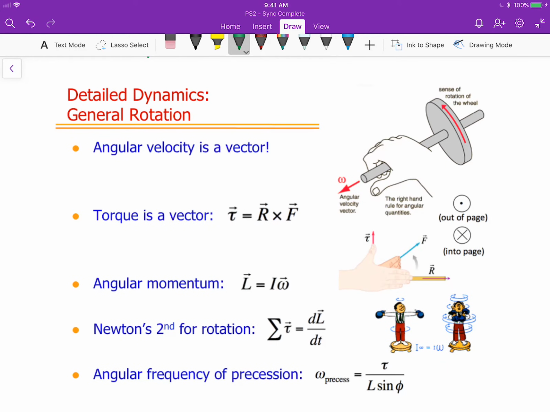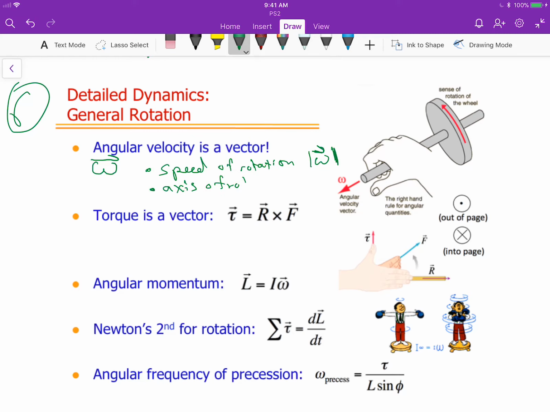Okay, and then one more, 6 here, is detailed dynamics of general rotation. Here what we did was take our angular velocity, which we called omega, and make it into a vector, right? What that allowed us to do was describe the speed of rotation, which was the magnitude of this omega, and then we have the axis of rotation.